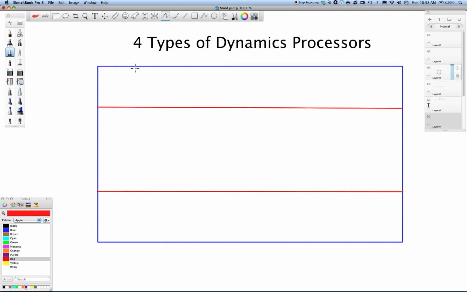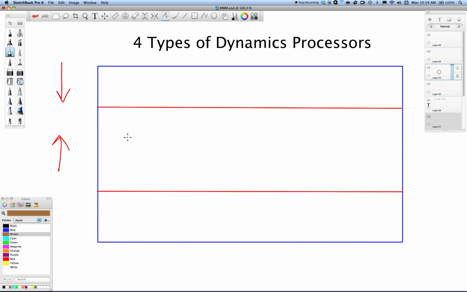Now, the way that I describe dynamics processing is that the actual audio signal that is being processed goes in one of 2 directions. So the audio signal itself is either going to get processed downward or it's going to get processed upward. And this depends on the type of signal that you're applying and what you're doing with it.